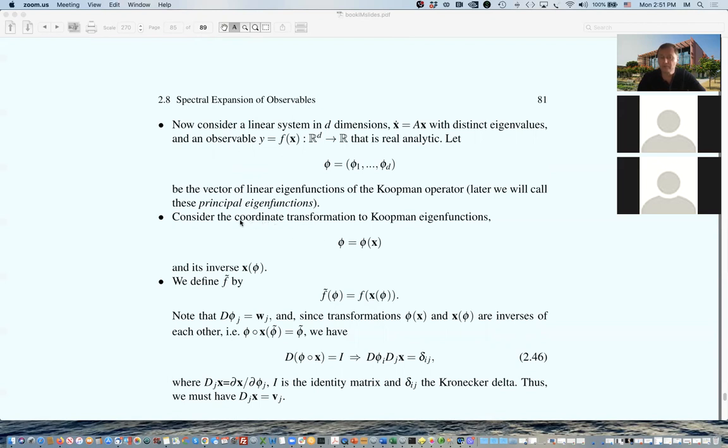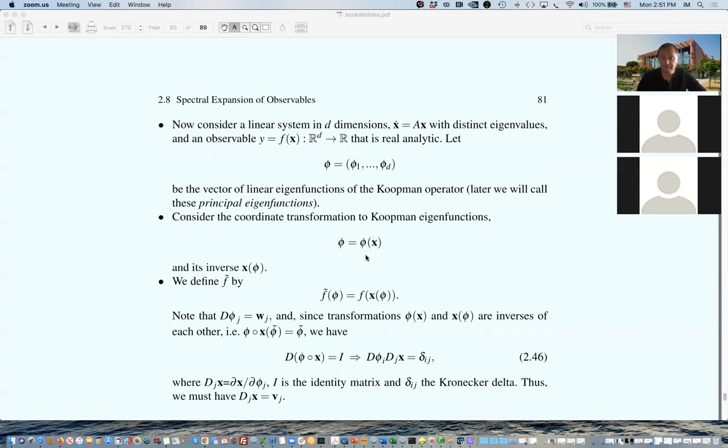So we're now going to consider the coordinate transformation that we just did in the previous part when we considered Koopman eigenfunctions as coordinates for linear systems. So we're going to say this vector of observables, phi of x, is a transformation from x variables to phi variables.